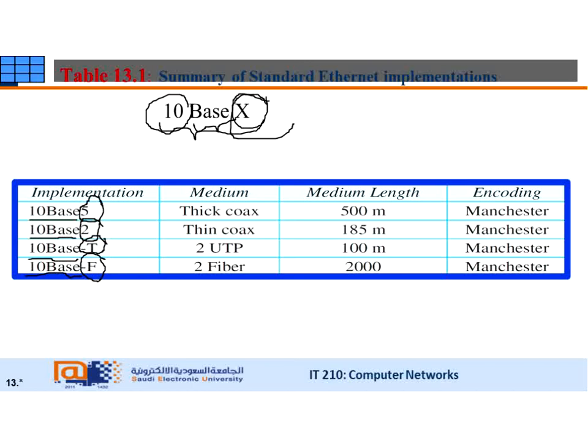For example, if we have 10Base5, that means 500 meters, the length of the cable is 500 meters. Or it defines the type of cable. Here we have T and F. T means the cable is twisted pair, and F means it is fiber optics.